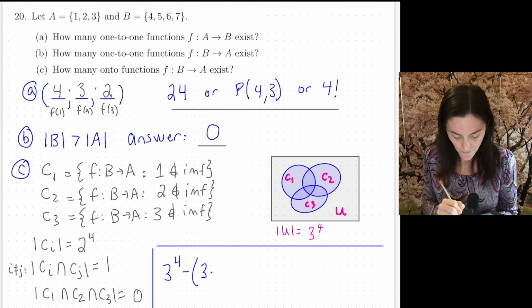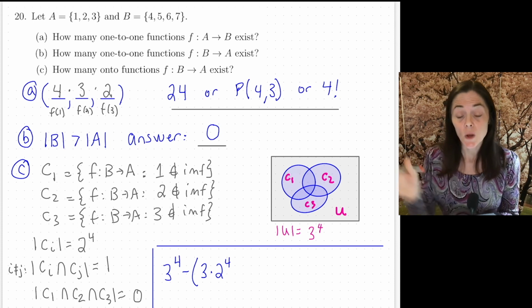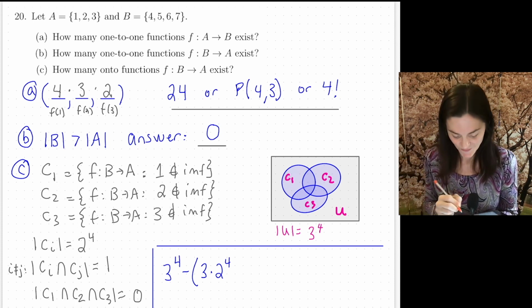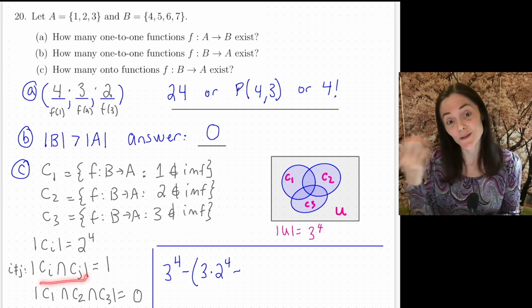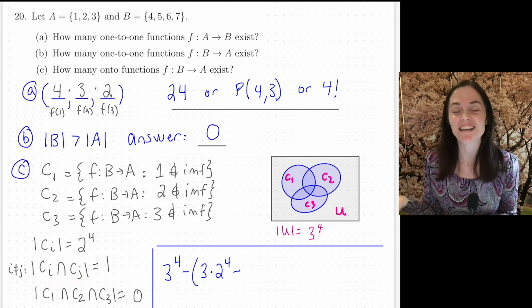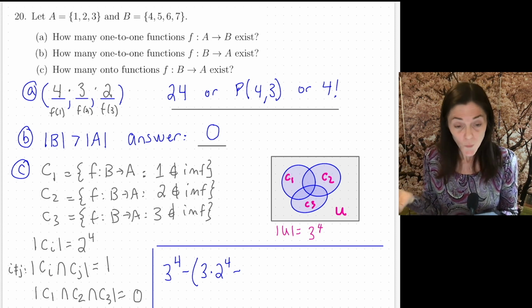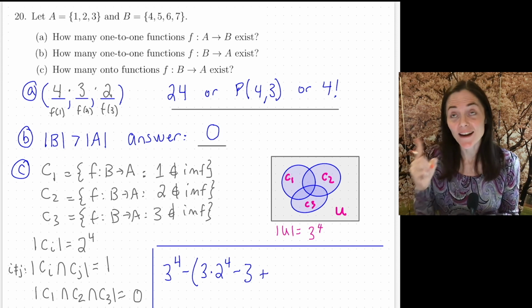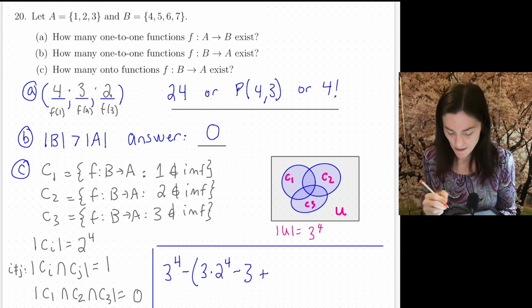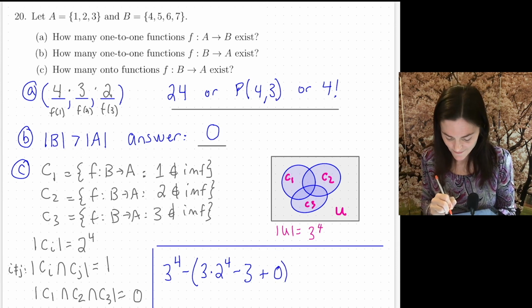There's 3 of them, and each one has cardinality 2 to the 4. And then we subtract off the cardinality of the intersections. There's 3 intersections. 3 choose 2 is 3. And each one has cardinality 1. And then we add back the cardinality of the intersection of all 3, which is 0.